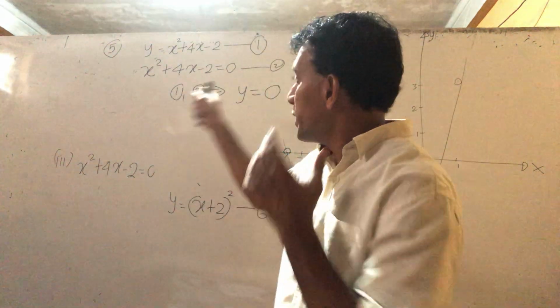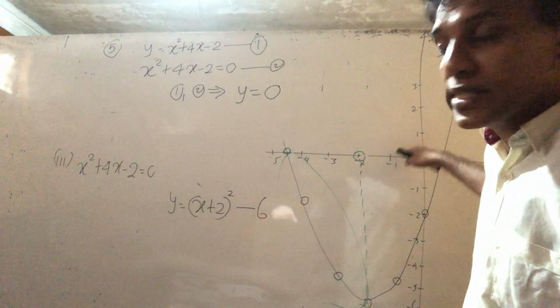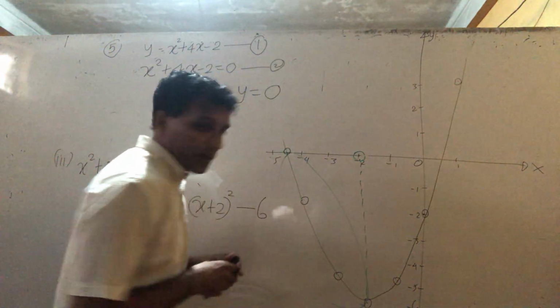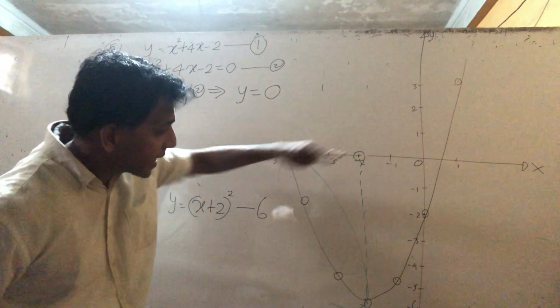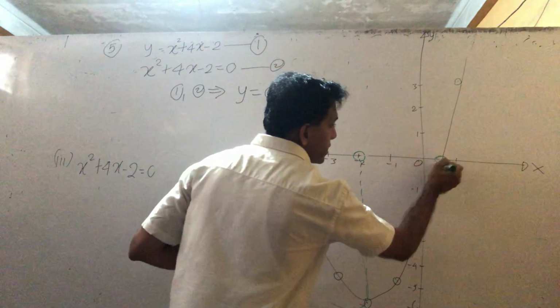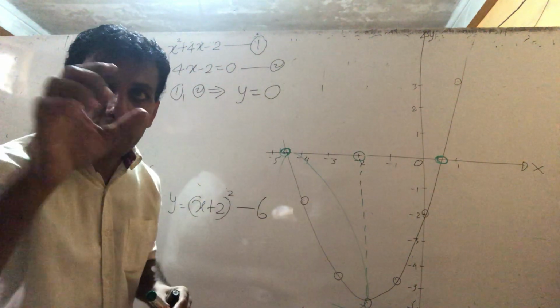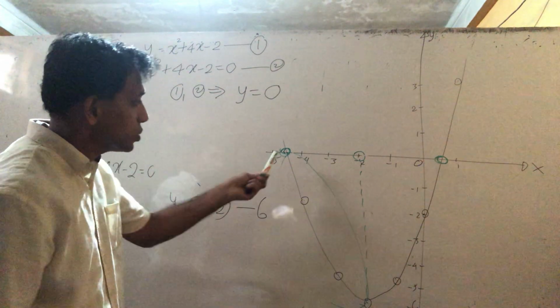So what is y equals 0? The x-axis. Therefore, what are the solutions? Where the x-axis and the curve cut. One is here, the other one is here. Two solutions. So if you draw properly on the graph sheet, you can write the solution.